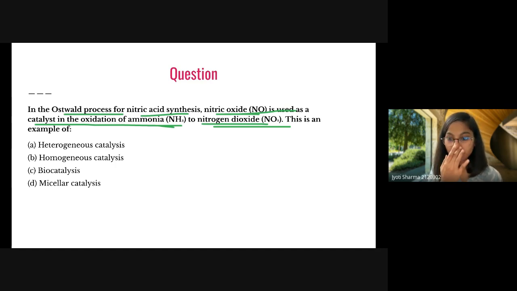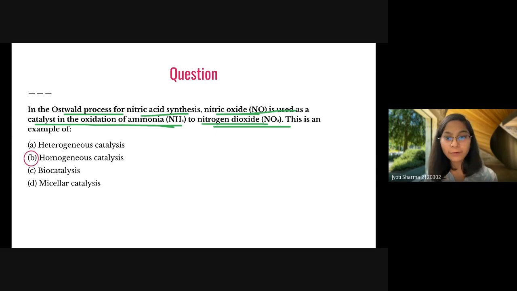Okay, so now tell me what should be the answer. The answer will be homogeneous, because as I told you, if the phase of your reactant and your catalyst is the same, then this will be homogeneous. Sometimes your reactant is in the liquid phase but your catalyst is in the solid phase.